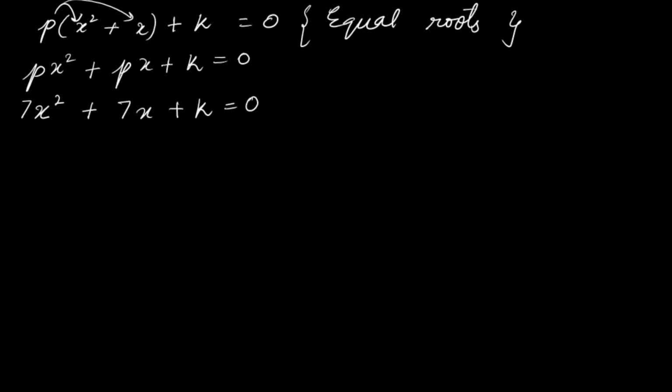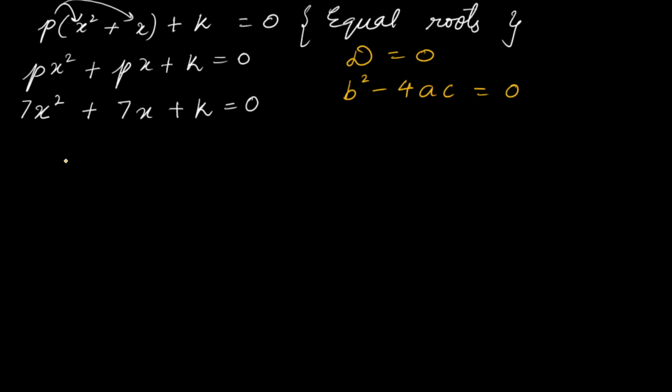Discriminant. Okay. But if roots are equal, then what's the value of discriminant? Yes, so b square minus 4ac is equal to 0. So discriminant is equal to 0 if a quadratic equation has equal roots. So since roots are equal, b square minus 4ac is equal to 0, and b square minus 4ac is the discriminant.